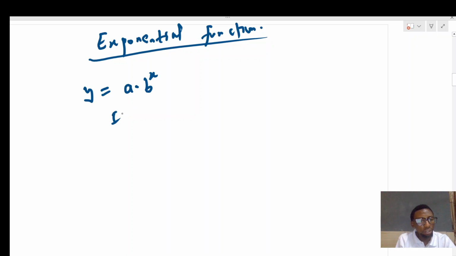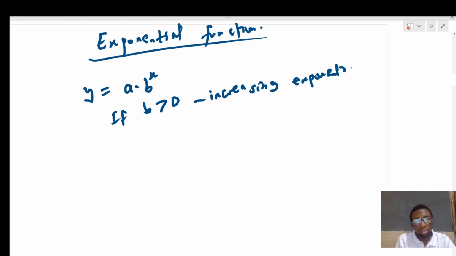If b is greater than 1, it is increasing exponential, or you call it exponential growth.